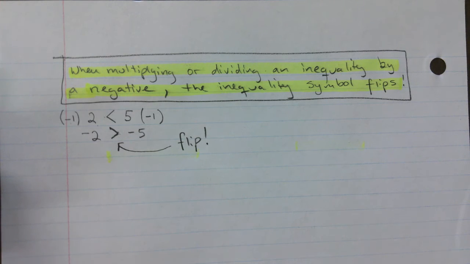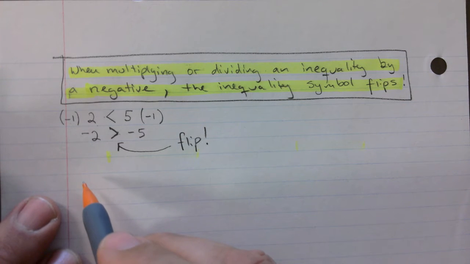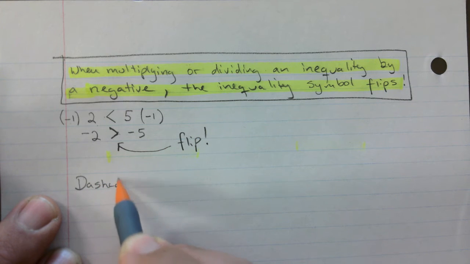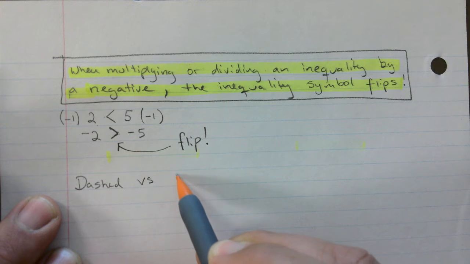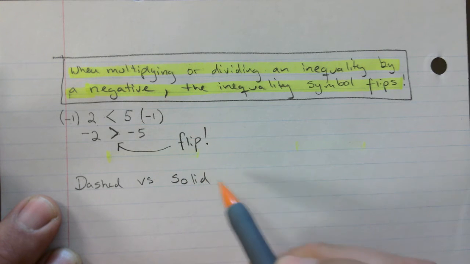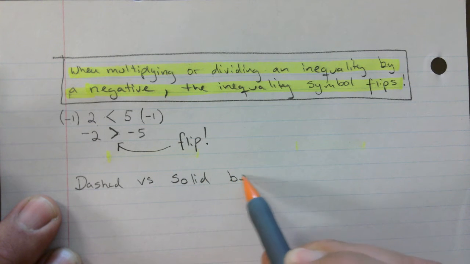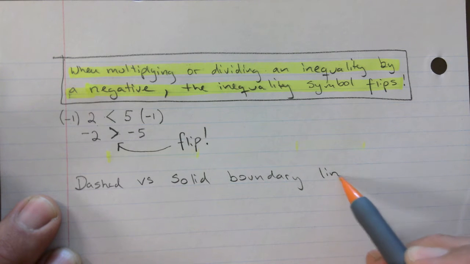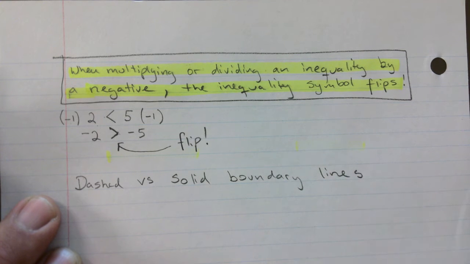So we're gonna do graph the following. If you have dashed versus solid boundaries, right?